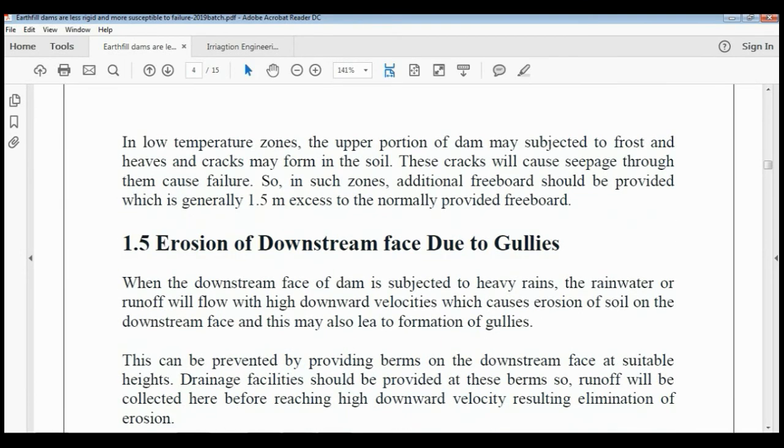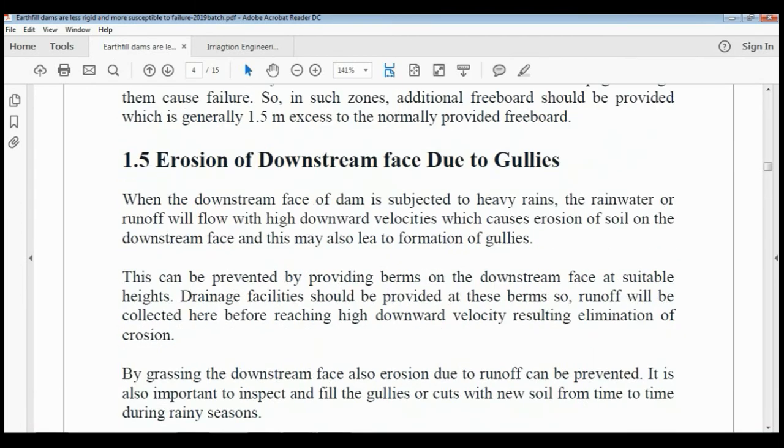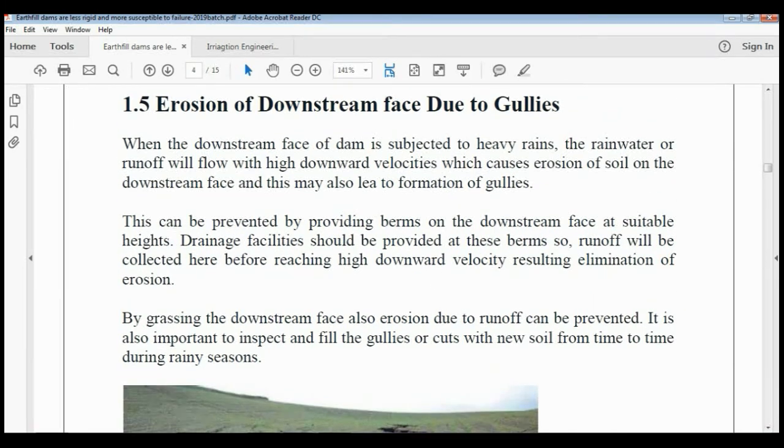Erosion of the downstream face due to gullies. This is normally due to heavy rains on the downstream face, and due to that gullies are formed. To avoid these gullies, we provide bumps. Bumps means on the inclined face, some horizontal flat space or flat portion is created to avoid the steep slopes, or to avoid the gullies.